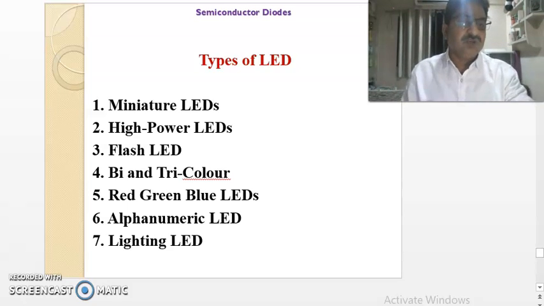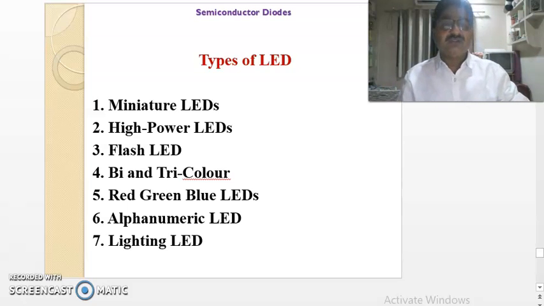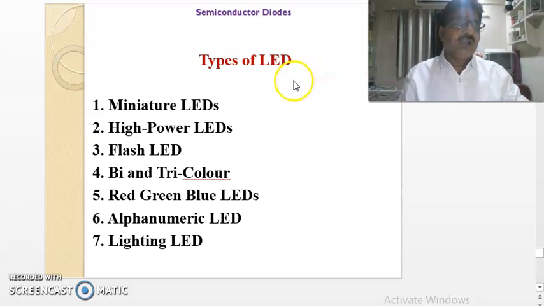How they are utilized is another matter, but at least we should know, in our syllabus it is expected to know the types of LEDs. First one is miniature LEDs. If you go through Google, then you will come to know where it is used, how its construction is.